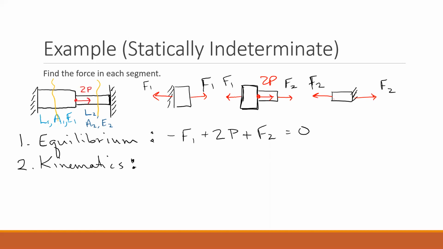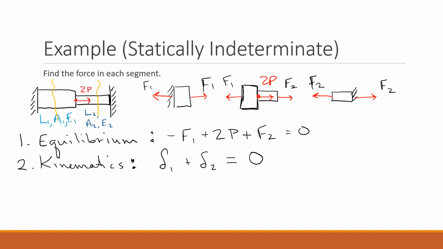So we're going to say that del 1 plus del 2, so we're imagining that both of these are getting larger, but we know that the sum has to equal 0. So you can see right there, when this finally gets solved, one of those is going to have to be a negative value in order for this to work out, which will coincide with that negative force that we're going to solve for.